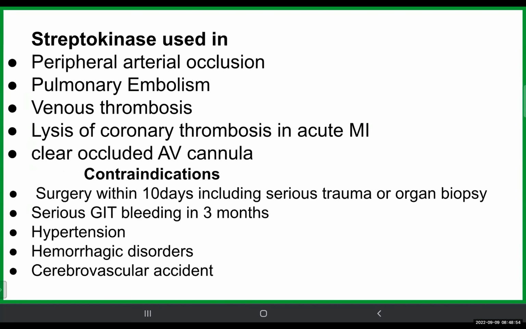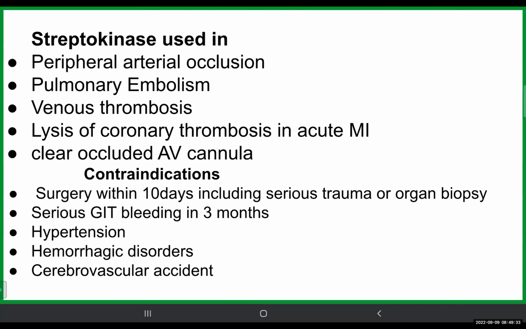Now the uses: streptokinase we can use in pulmonary embolism, peripheral arterial occlusion, venous thrombosis, lysis of coronary thrombosis in acute myocardial infarction, and to clear an occluded AV cannula. One thing that we have to be cautious about is the adverse effect, that is anaphylaxis, especially when we are using it a second time in the same patient.